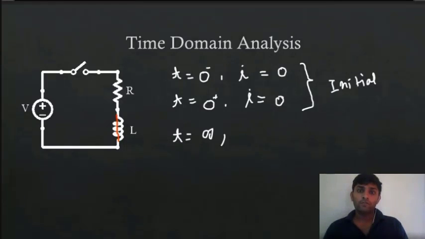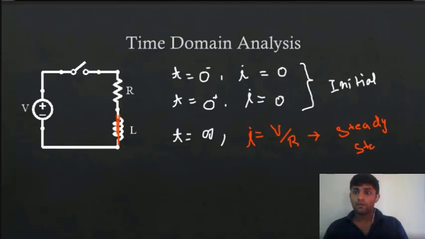If this becomes a short circuit, we will get the current equal to V by R. Please note down this condition: this is the initial condition, and this is your final condition, or you can say steady state condition.